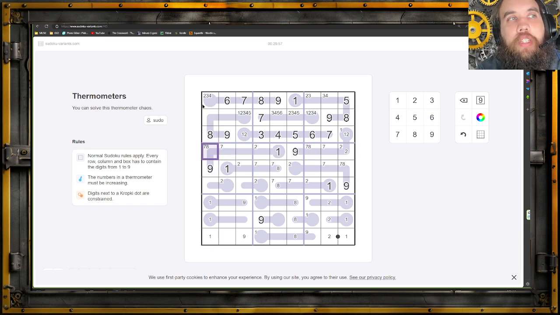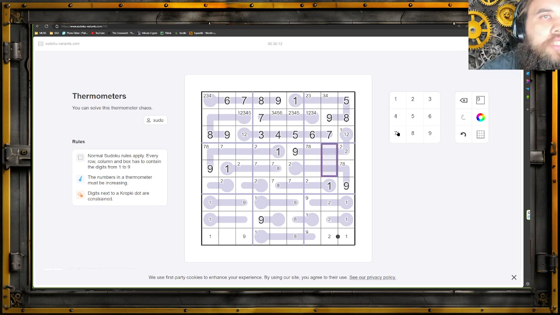I almost pencil marked that in, but I believe this can still be 6, 5, 4, 3. This can be 5, 4, 3, 2. So I still have some degree of freedom here. I can't just willy-nilly throw it in. These can't be 7s anymore. That does limit me to 7 and 3 positions here, 8 and 2.